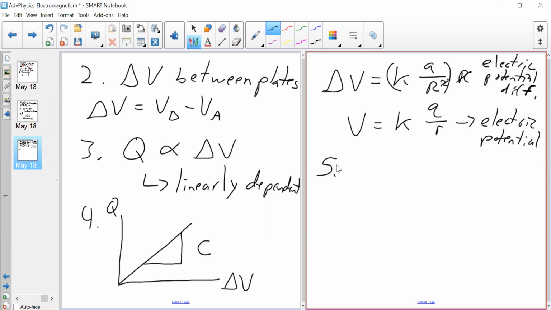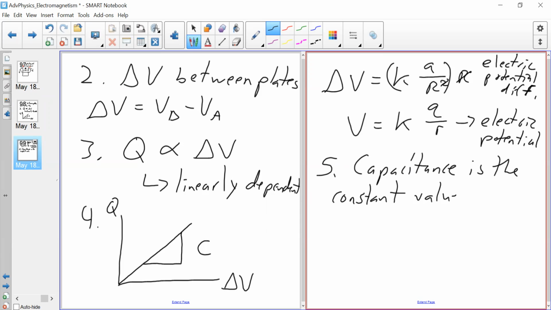So step 5, we can just say that the capacitance is the constant value, because this slope is constant. A constant value relating voltage and charge.